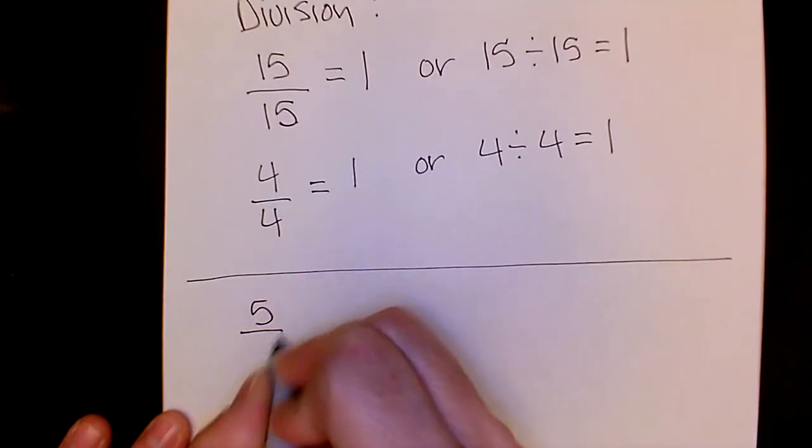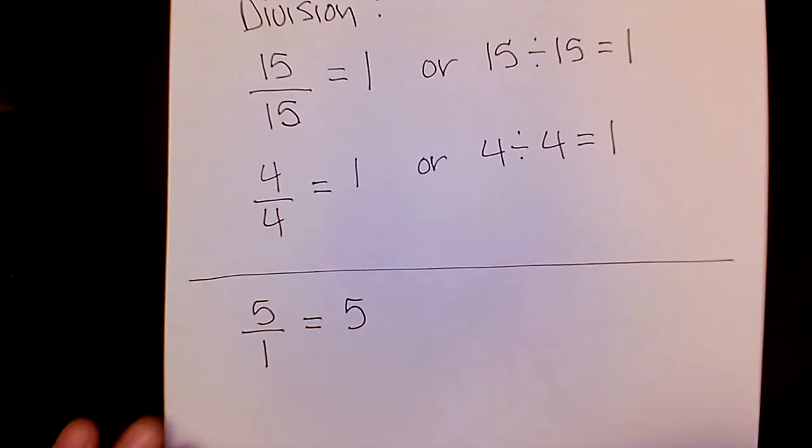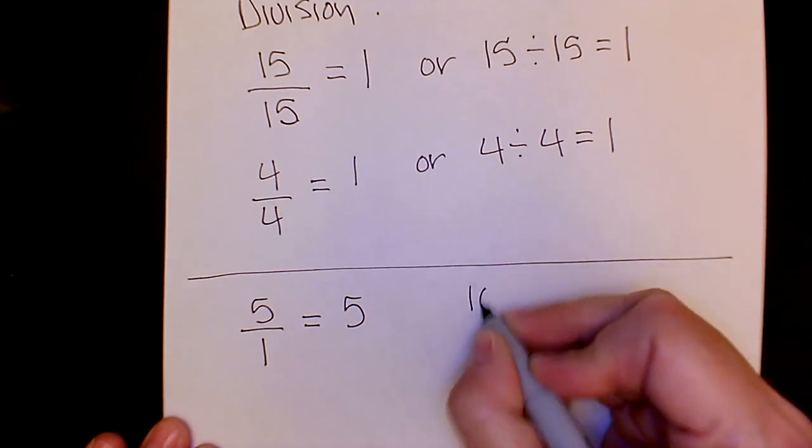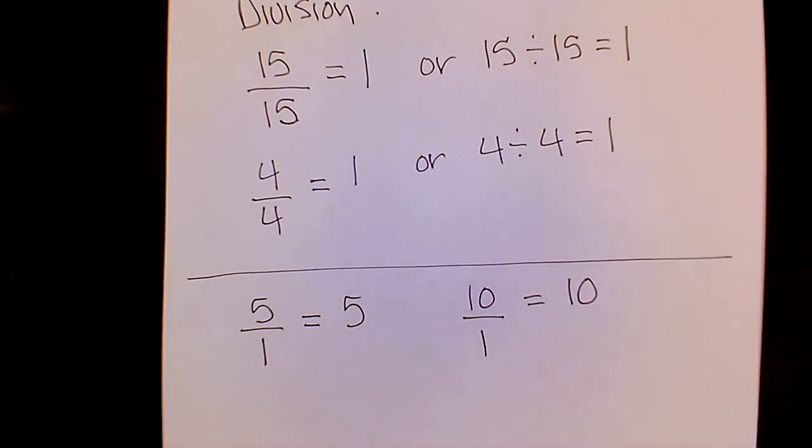What if I had 5 divided by 1? If I took 5 and broke it into groups of 1, I would have 5 groups. So 5 divided by 1 is 5. If I had 10 divided by 1, if I keep this pattern, 10 divided by 1 is 10.